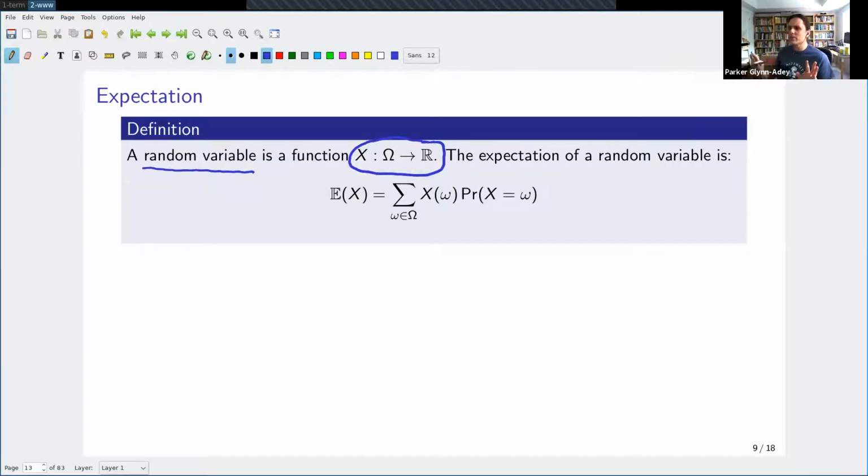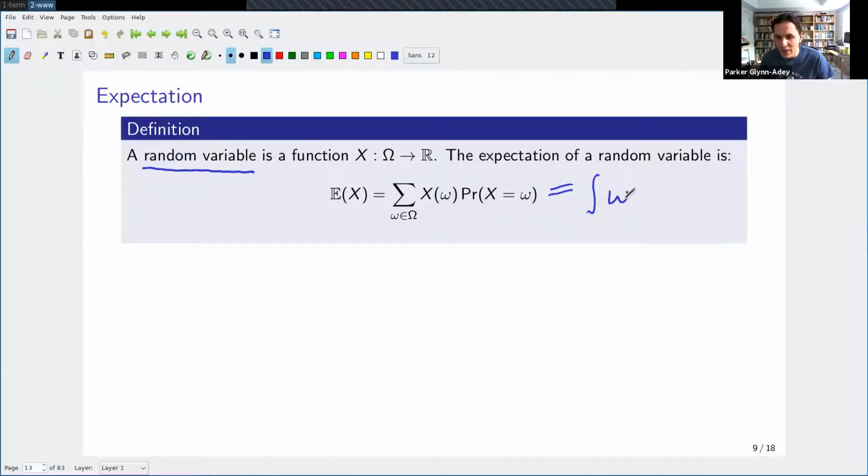Has anyone seen this before? The stats people? Could we just get a yes in the chat? Yeah, okay. Expected value. Very, very helpful thing. I just want to say one thing about this. This is kind of like an integral, right? You know how integrals and sums are kind of the same?